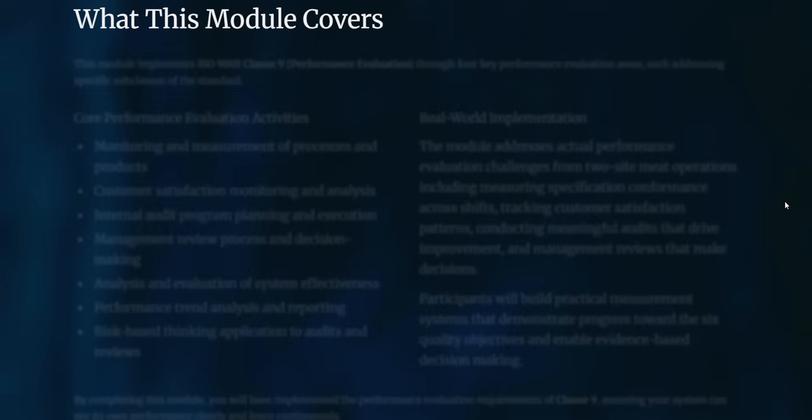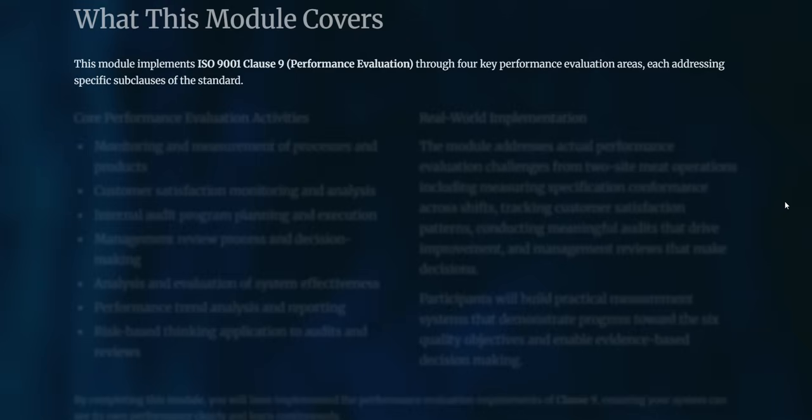What does this module cover? Module 6 implements ISO 9001 Clause 9, which is performance evaluation through 4 key performance evaluation areas, each area addressing a specific subclause of the standard.